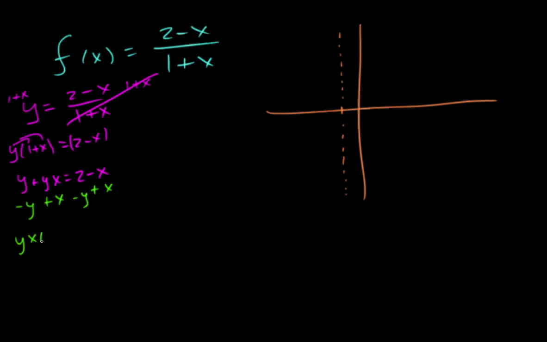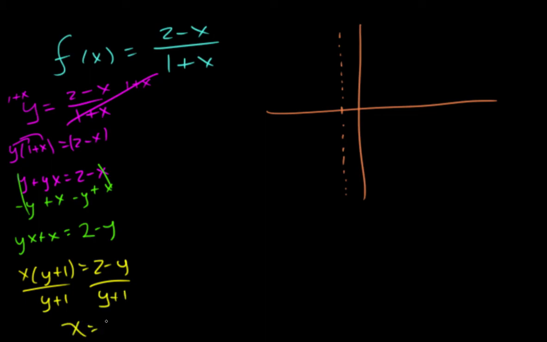So we have yx + x equals 2 - y. Factor out an x. Divide by y + 1. So x equals (2 - y) over (y + 1).